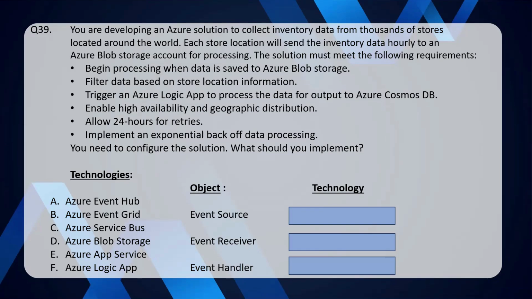You are developing an Azure solution to collect inventory data from thousands of stores located around the world. Each store location will send the inventory data hourly to an Azure Blob storage account for processing.